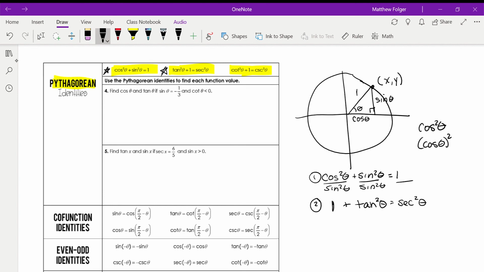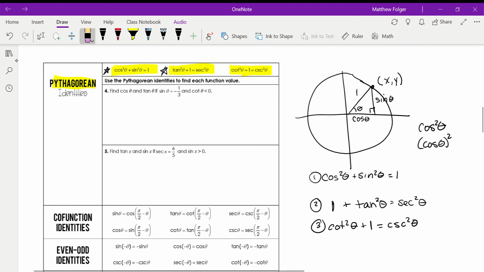I'm just going to quickly write it down here. So if we have cos over sine, the quotient identities, that is cotangent squared theta, plus sine over sine is 1, equals cosecant squared theta. So these are the three trigonometric or Pythagorean identities.